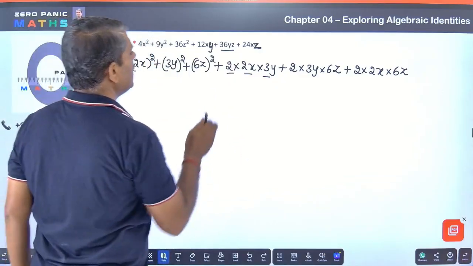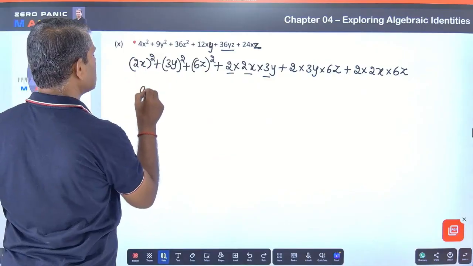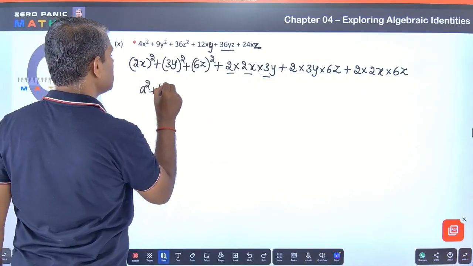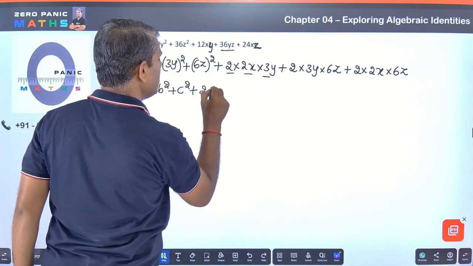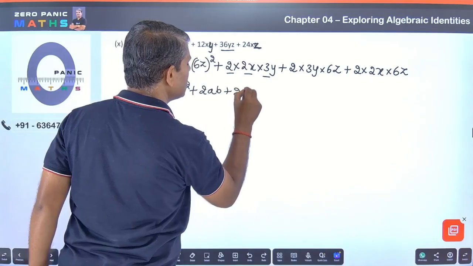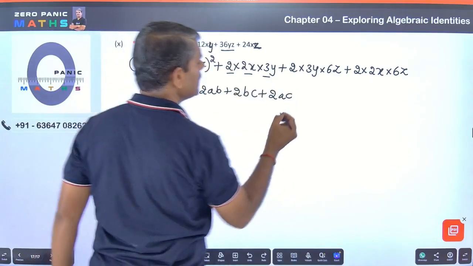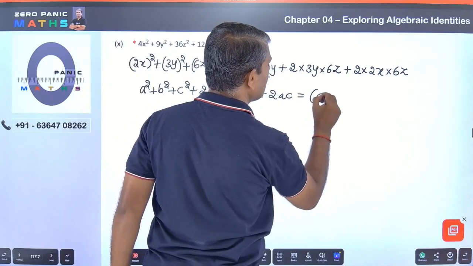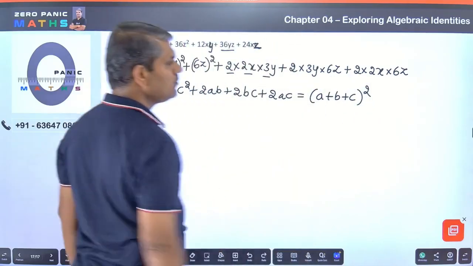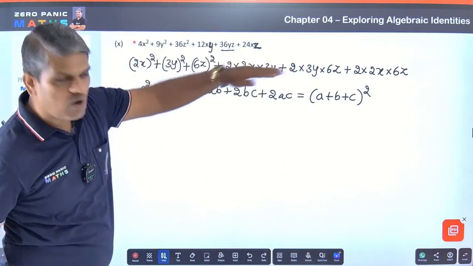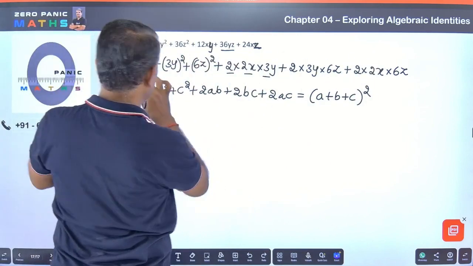So now we have expanded that into the form of a square plus b square plus c square plus 2ab plus 2bc plus 2ac, or 2ca you can say, and that is equal to a plus b plus c whole square. This was the formula that we expanded now. So now we already have this left side value.